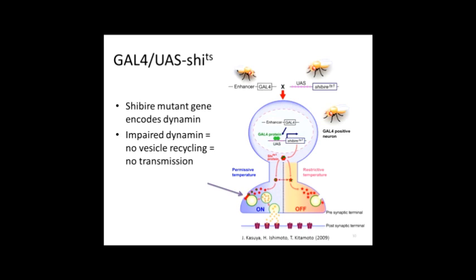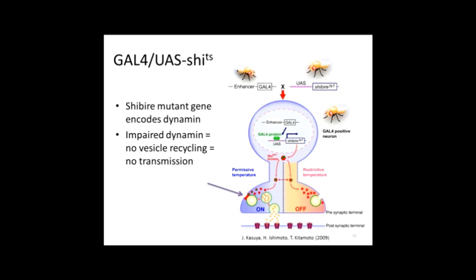Dynamin is the protein that pinches vesicles and allows for endocytosis and vesicle recycling. At permissive temperatures, so at room temperature, it works and functions correctly. Vesicles are recycled and neural transmission is allowed.